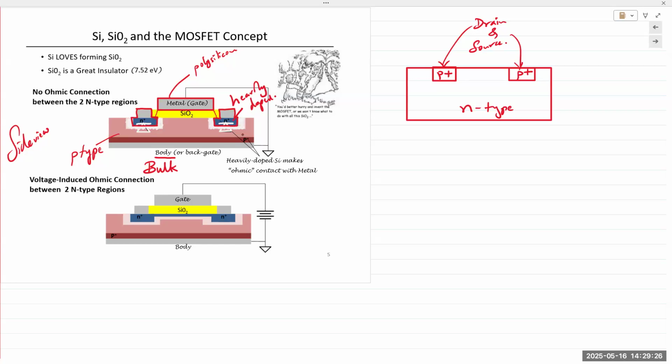Now, in real life devices, especially discrete MOSFETs you buy, and even the chip that we used in the lab, if you noticed, the body of the device was connected to either the drain or the source. If a connection is pre-made, which it typically is, then it is no longer symmetrical.